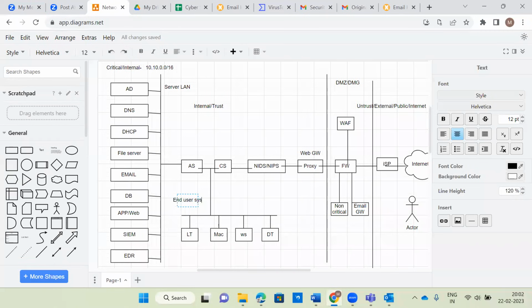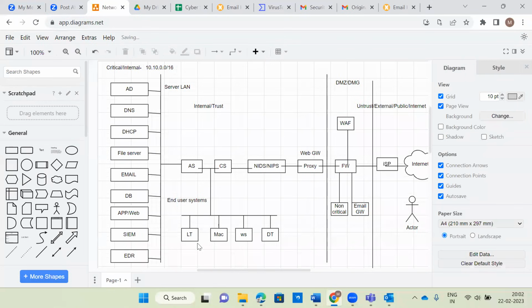So this attacker may try to compromise this laptop or MacBook or workstation or desktop, or maybe they want to compromise our servers. Critical servers are sitting in the trust zone. Non-critical servers are sitting in the DMZ zone. Non-critical means it is not important at the organization level, and it is facing the internet.